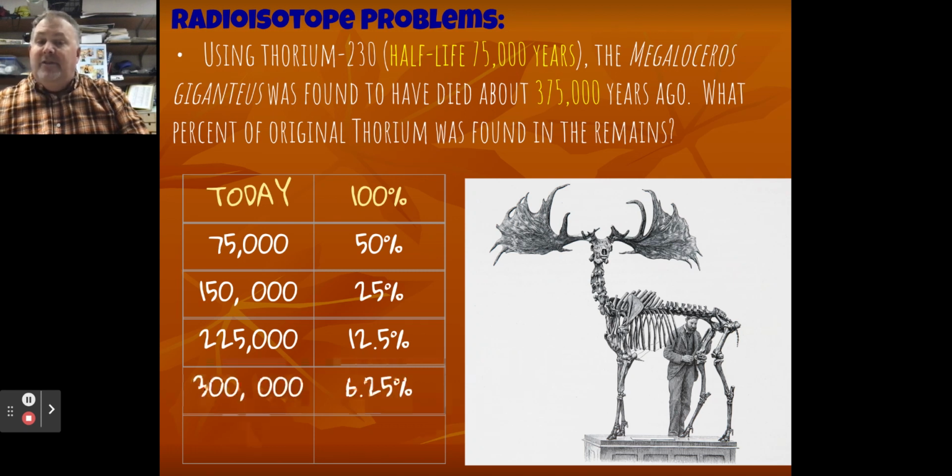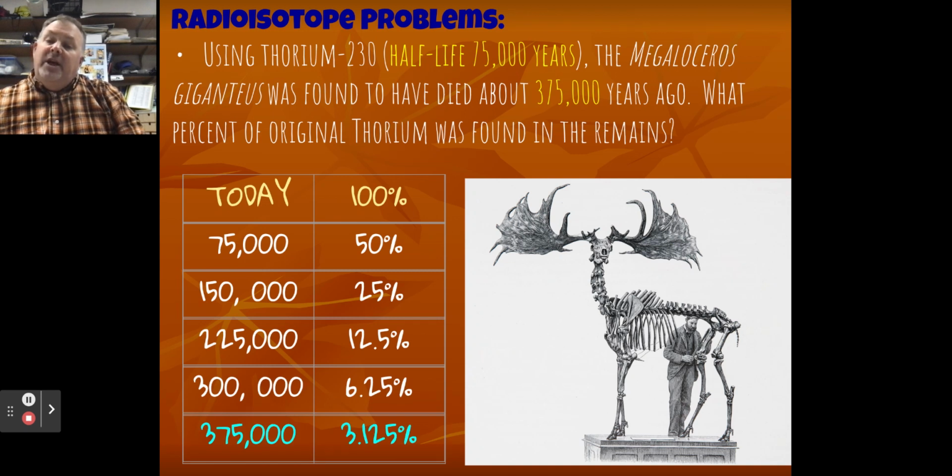Still not to that point. So we go to another half life, 6.25%, because that's half of 12.5. That's 300,000 years old. And then another half life, 3.125%, would give us the approximate date of what we're looking for.